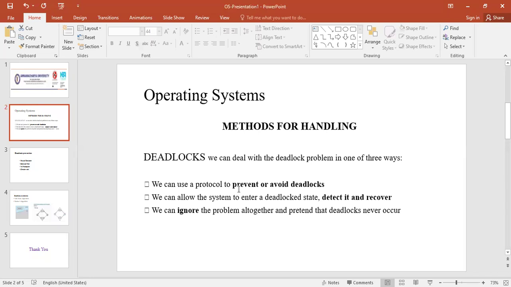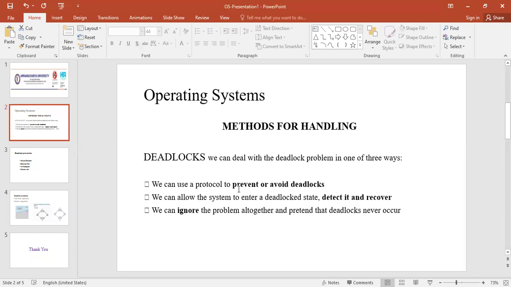The system can use either a deadlock prevention or a deadlock avoidance scheme. Deadlock prevention provides a set of methods for ensuring that at least one of the necessary conditions cannot hold.